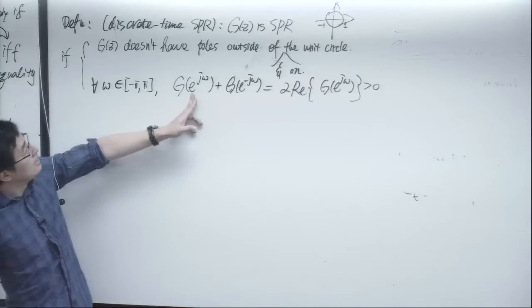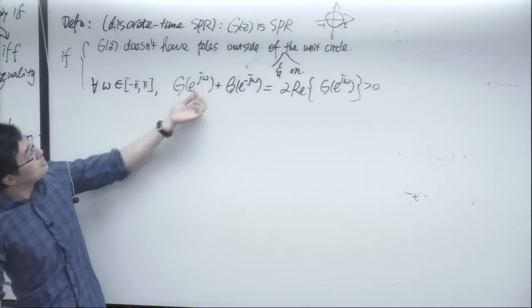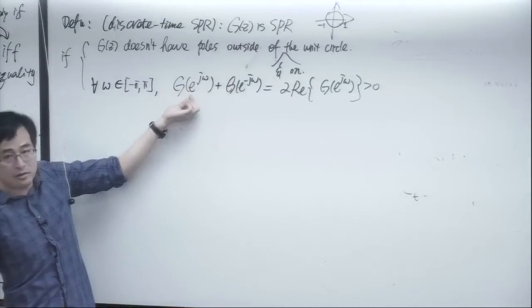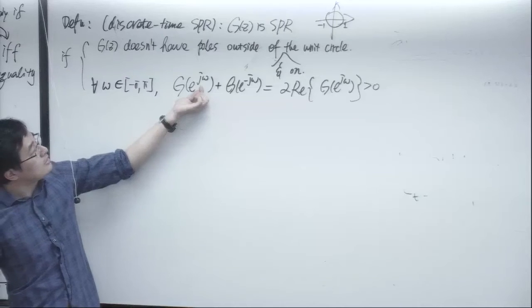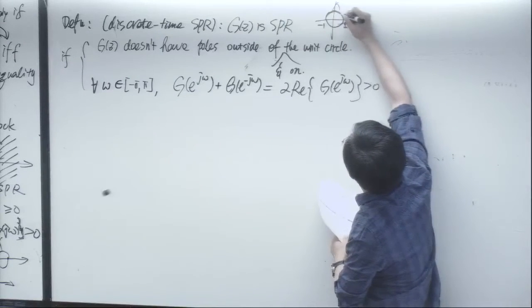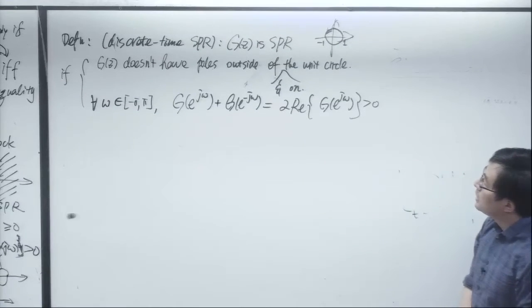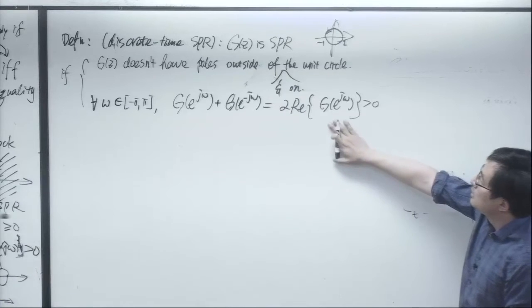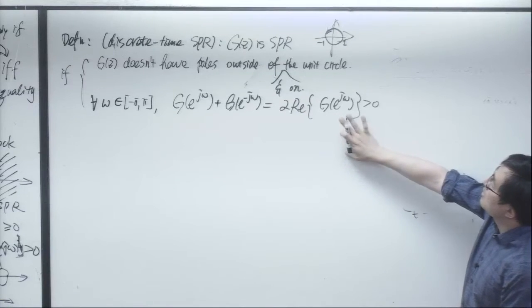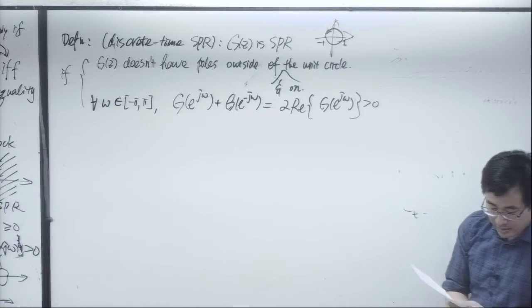As a recap, if I have a discrete time transfer function, the way to obtain a frequency response is to replace z by e^(j omega) and evaluate omega along this unit circle. So it's from pi to negative pi. And if you do that, the real part of this complex number should always be positive. That's the definition.